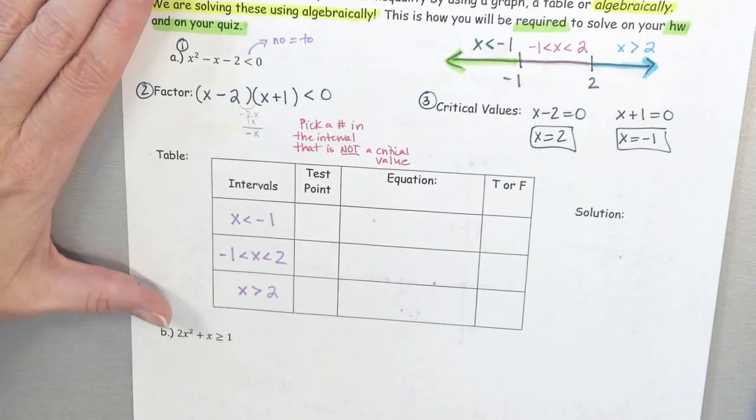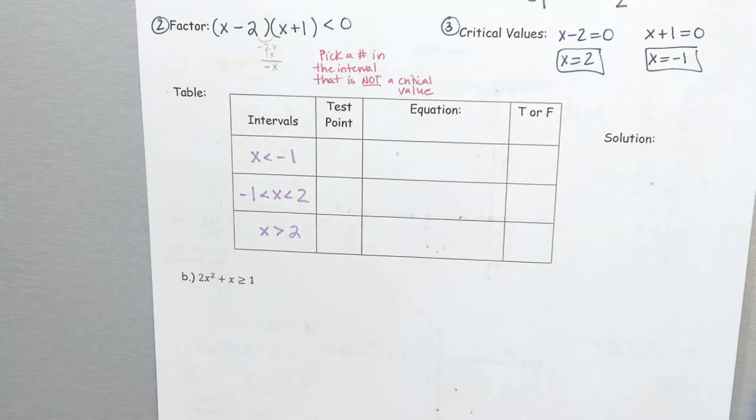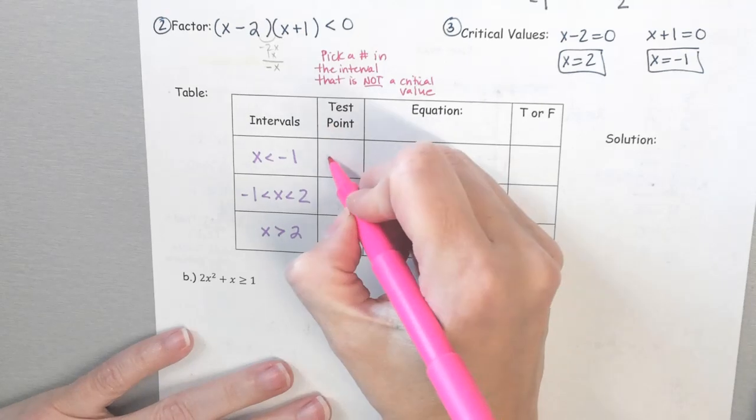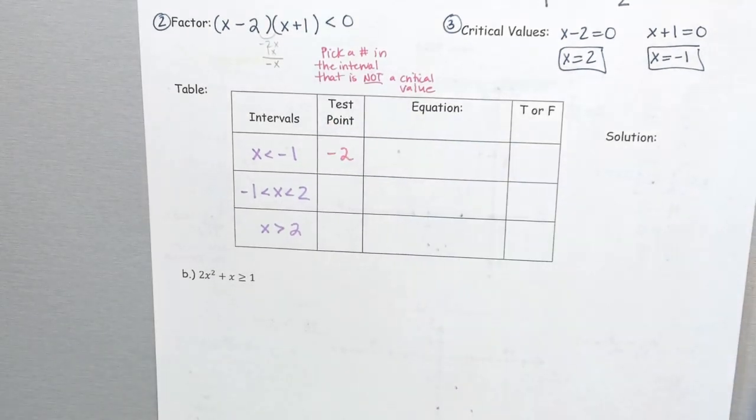Pick a number in the interval that is not a critical value. You really wouldn't do that for this anyway. You have x is less than -1, so you wouldn't pick -1. But what is a value that's less than -1? -2 is probably the most common thing you will use. You can use anything that's less than -1.